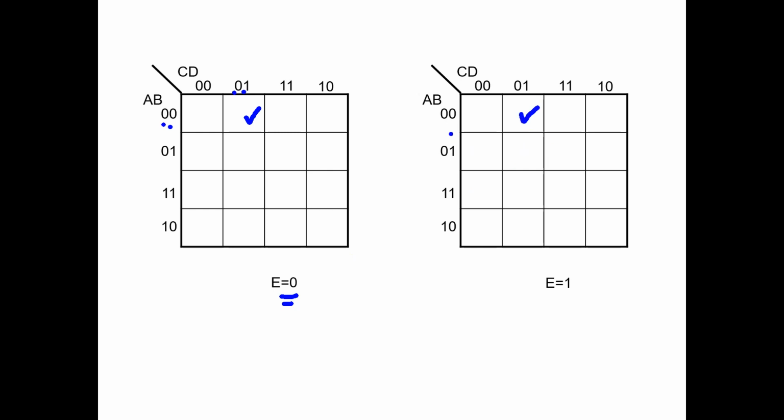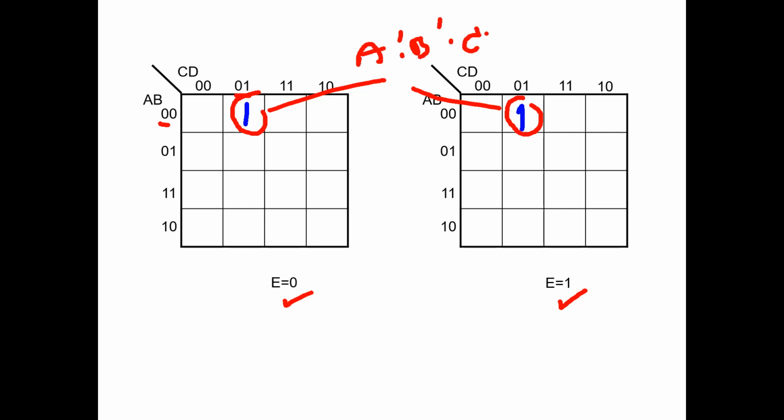This cell has A, B, C, D equal to 0, 0, 0, 1 and E equal to 1. That means if your output is 1 here and 1 here, you can group these two cells together. E is different, so E disappears, and your product term is A prime, B prime, C prime, and D.